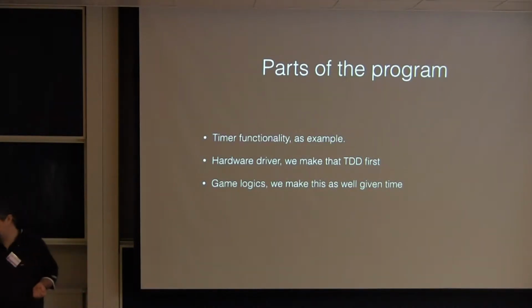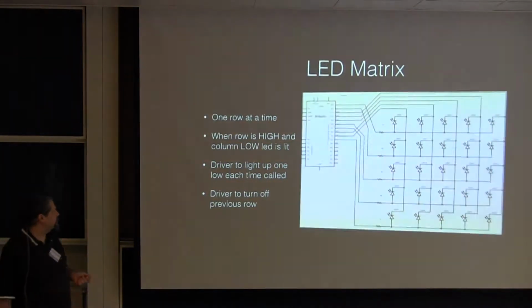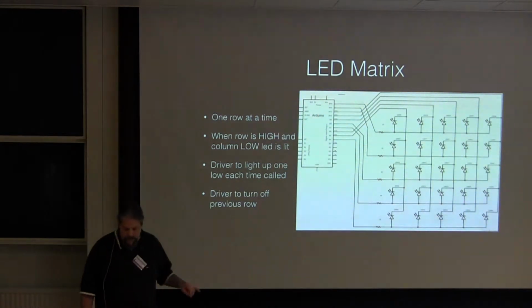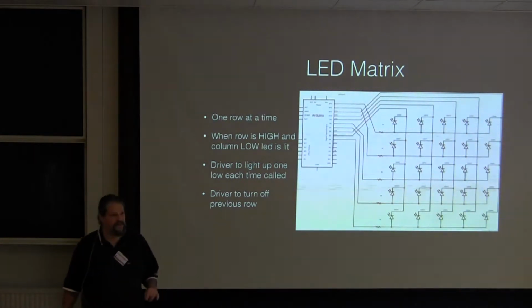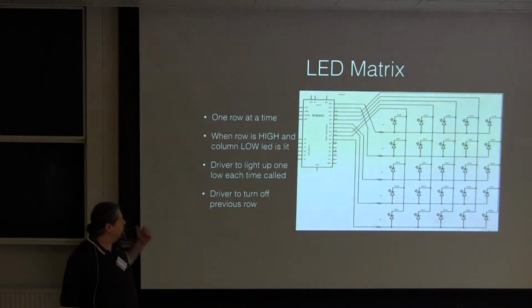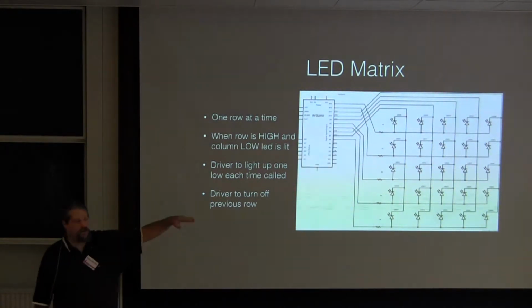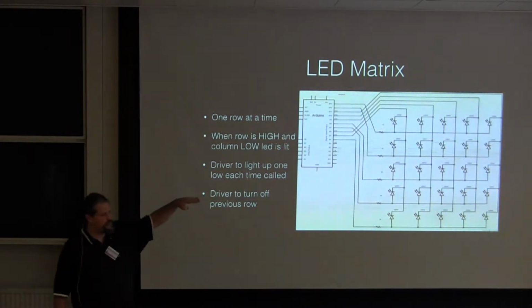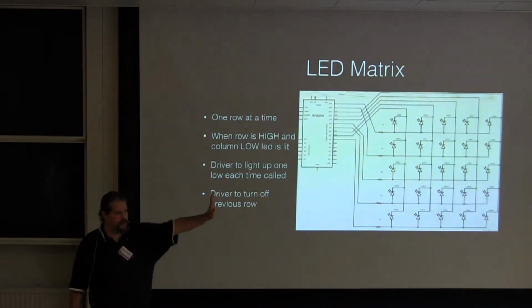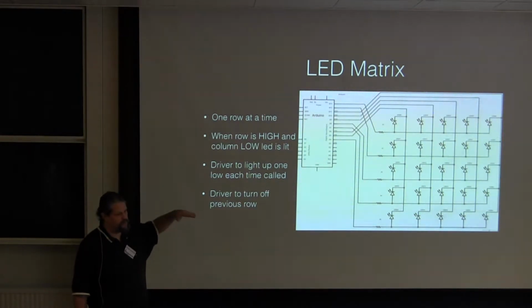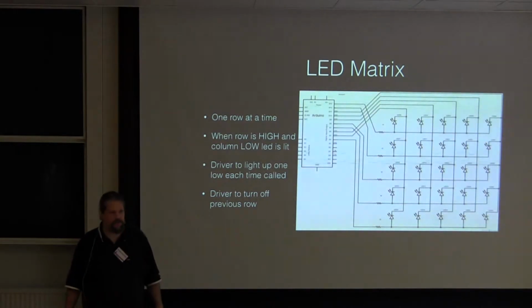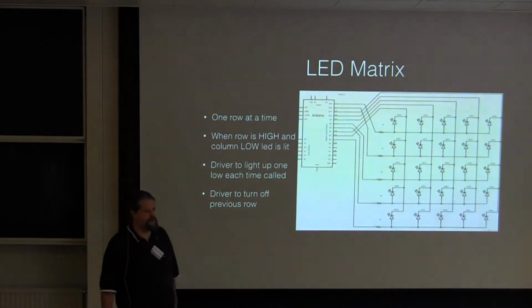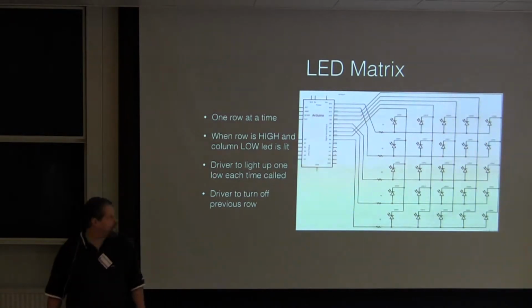I don't know if you know what the LED matrix is. There's a lot of LEDs connected to the Arduino here. Oh, it's flickering. But you turn the power on one row, and then you turn the power on the columns as you like them to light, and then go to the next row and the next row, all the time. So each time you loop through all of this fast enough that the eye thinks they are all lit up at the same time.